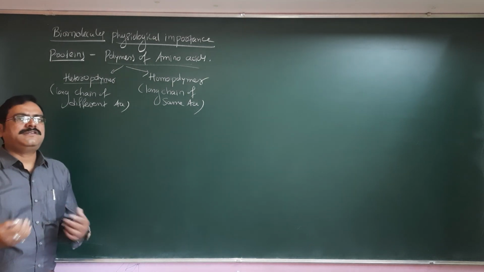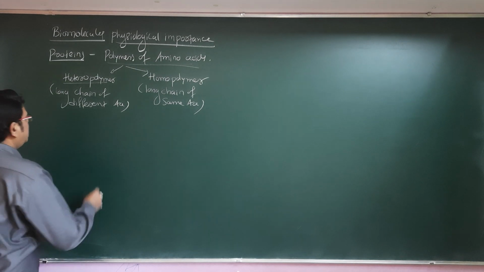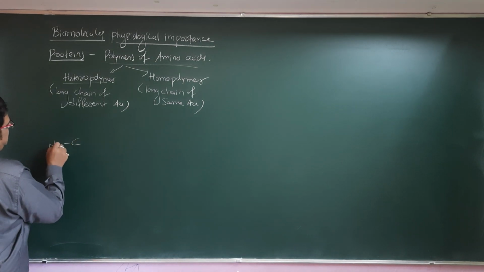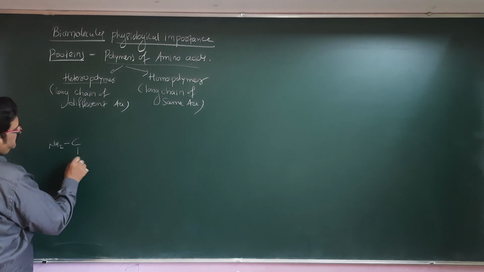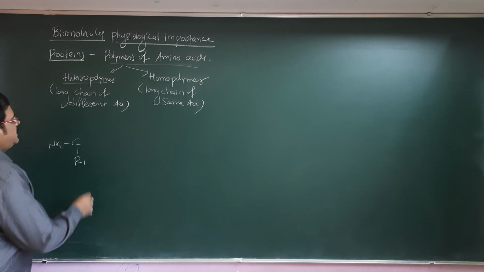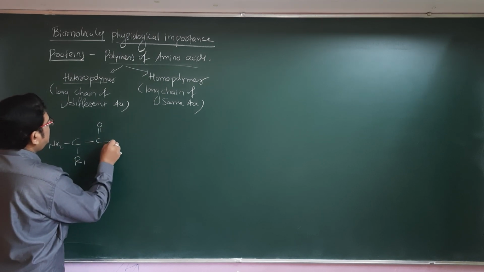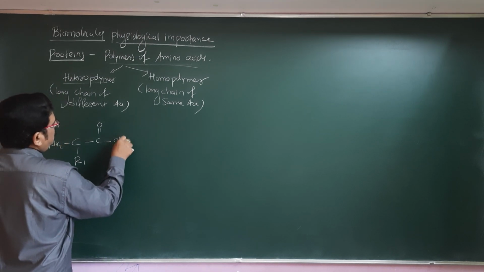How are these amino acids attached to one another? Let me tell you, considering a simple example. This is the carbon with its NH2 group, here a side chain R1, and here the carbon with double bond O and the OH group.